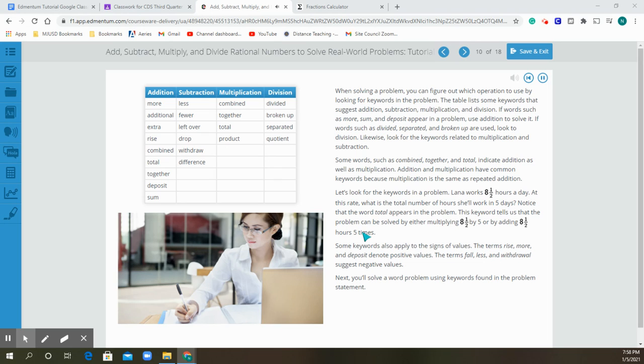Some keywords also apply to the signs of values. The terms rise, more, and deposit denote positive values. The terms fall, less, and withdrawal suggest negative values. Next, you'll solve a word problem using keywords found in the problem statement.